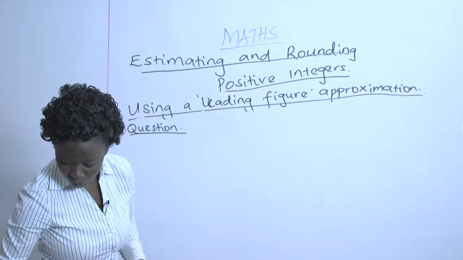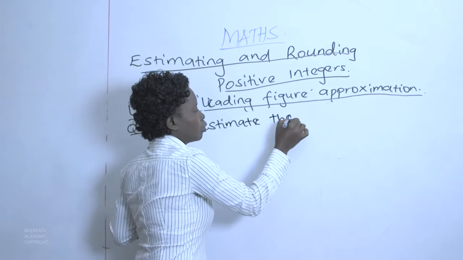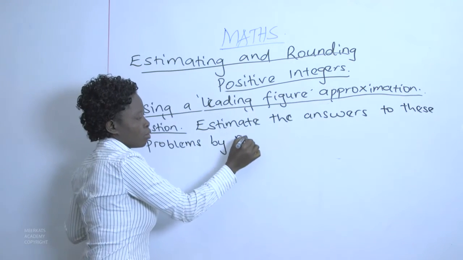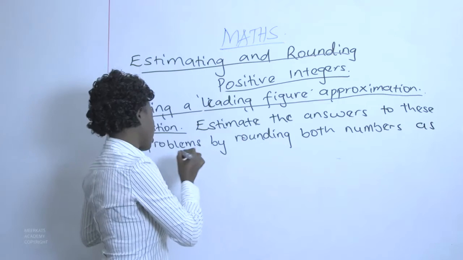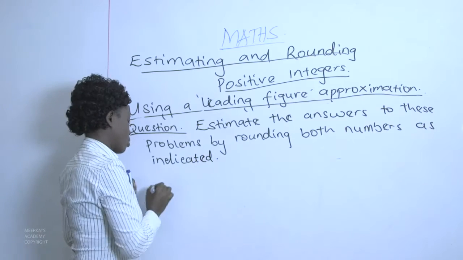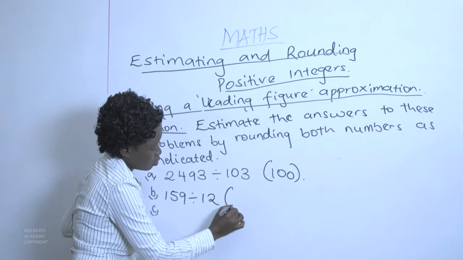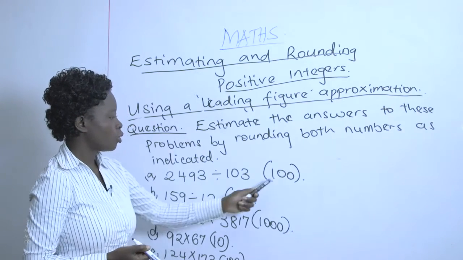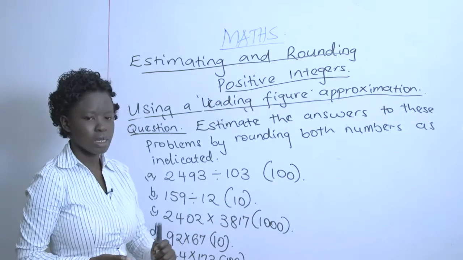One more question. Looking at the question, whatever has been indicated in brackets is what we are supposed to round our digits into.